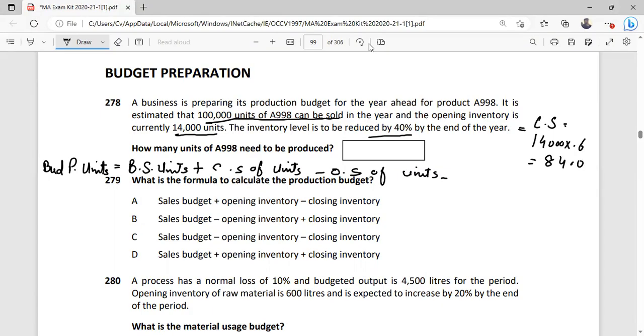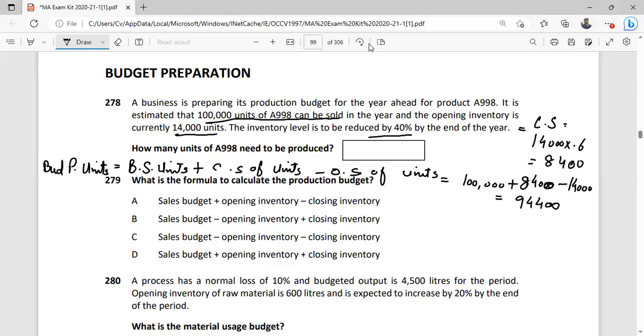According to this formula, sales units are 100,000 plus closing inventory 8,400 minus opening inventory 14,000. So we have an answer of 94,400.